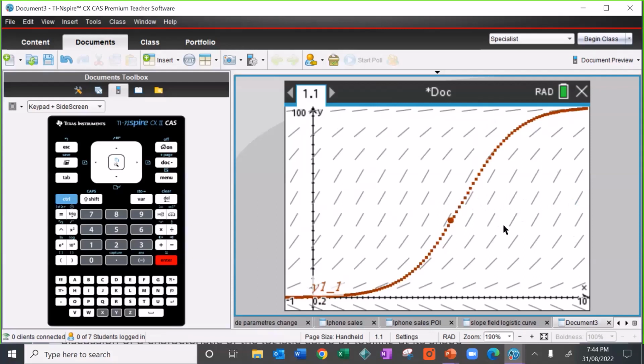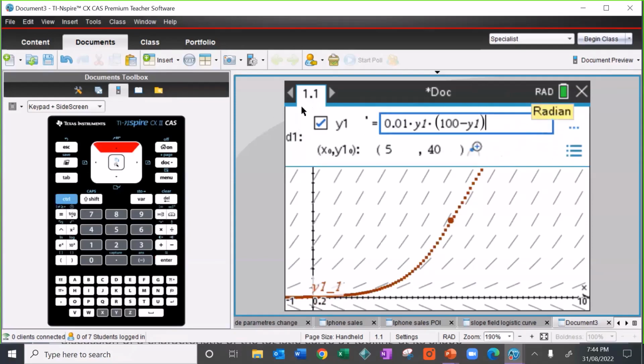So this is another way of obtaining the logistic curve by using the slope fields and following the slope fields, having this shape when we have the equation again, which has the proportional scale factor, and it's proportional to the y variable times another bracket where we have the difference.